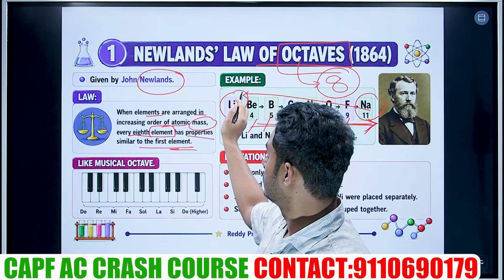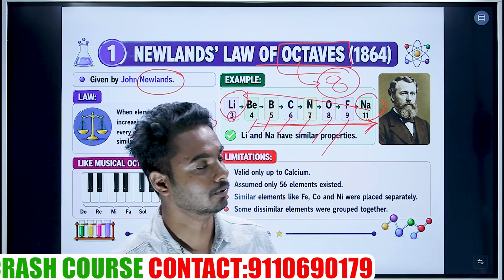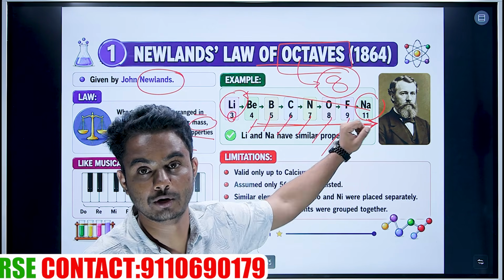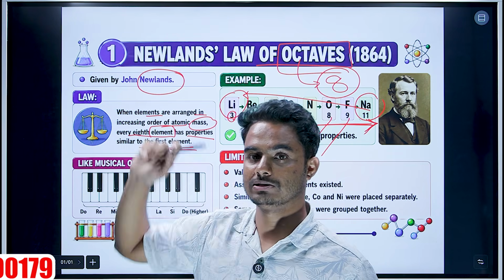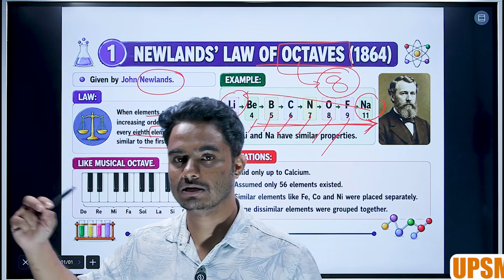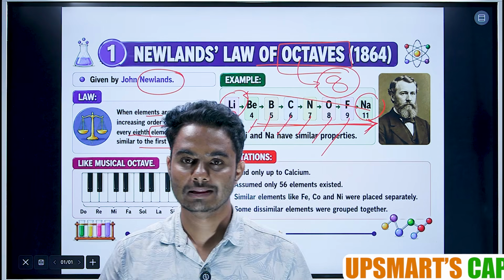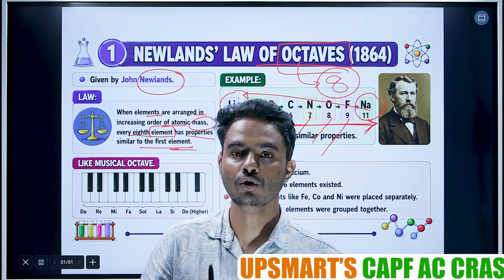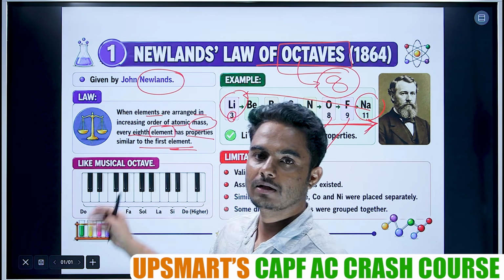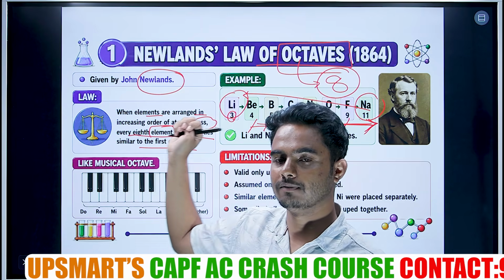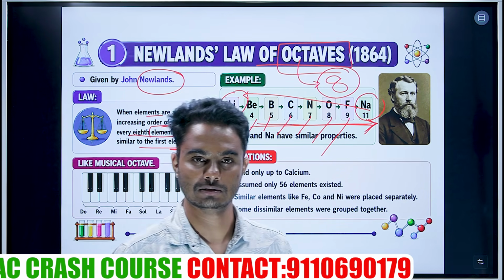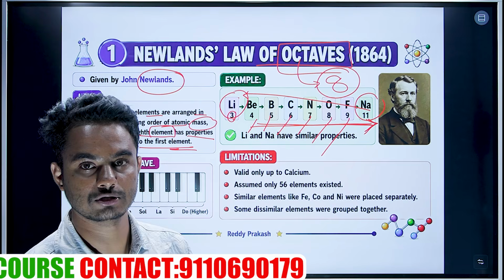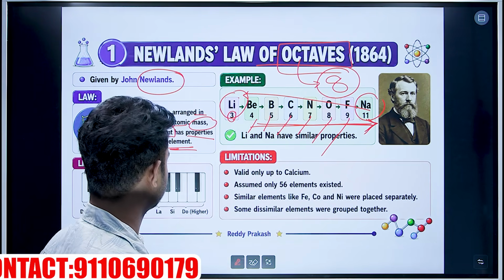He says lithium ion is similar to sodium ion. The first element and the eighth element will have similar properties. When 8 elements are arranged in increasing order of mass, the eighth element will have properties similar to the first element. That is why lithium is similar to sodium, and both can be used as battery components. Now understood the basis of lithium and sodium ion batteries? Yes, sir.